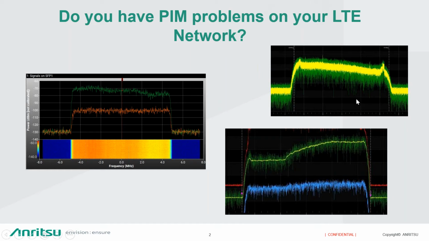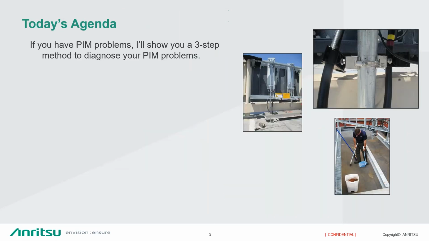And it can be something as subtle as just a little slope in your uplink that you might not be able to tell whether it's PIM or not, or that classic shark fin where it is severe and causing lots of damage to your throughput. And I think everybody on this call hopefully is concerned about PIM in their network and looking to find different solutions to help solve the PIM problem.